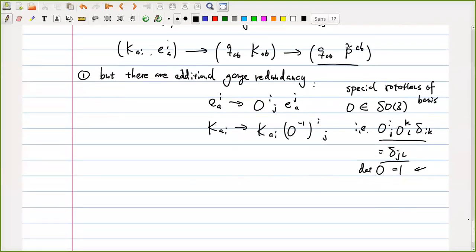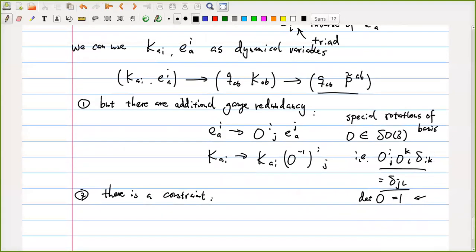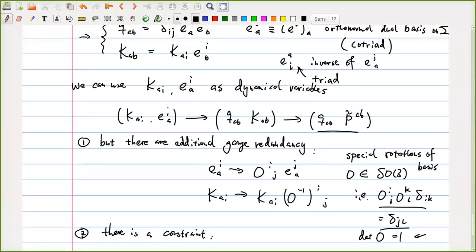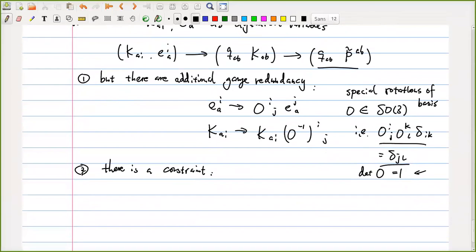From what we learned before, once we have a gauge transformation, we definitely have a constraint, because in canonical formulation, a gauge transformation corresponds to a constraint. So here there is a constraint. What is the constraint? From K and e, you automatically get a constraint.